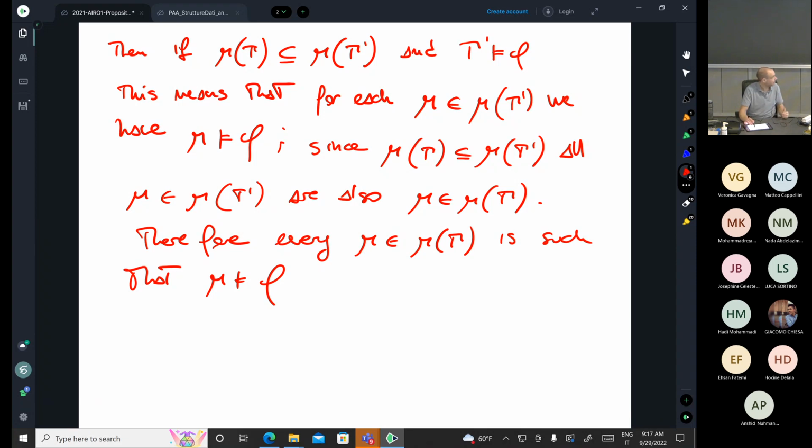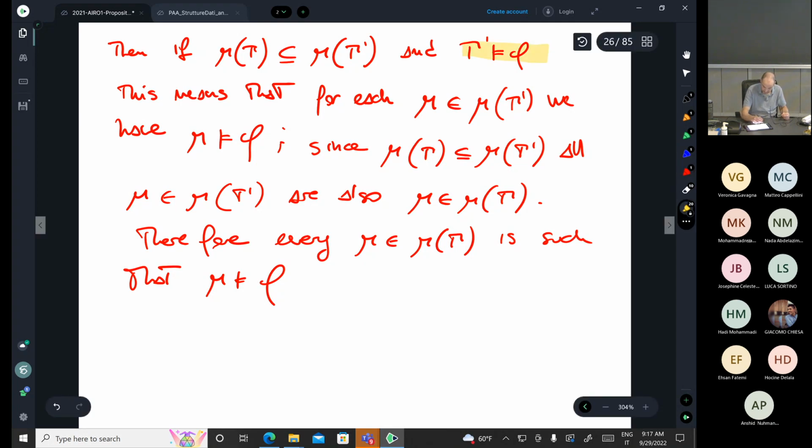So if phi is a logical consequence of gamma prime, we have that every mu in mu of gamma prime satisfies phi. This is what logical consequence means, okay?